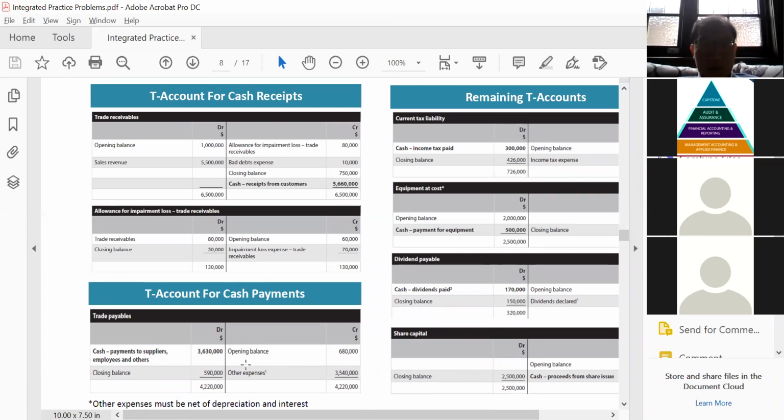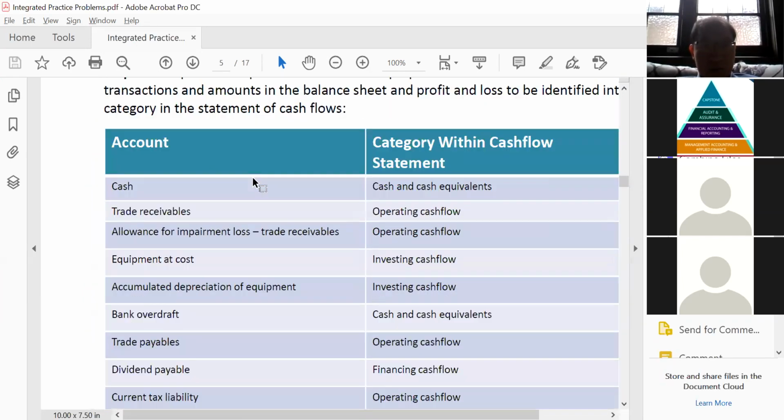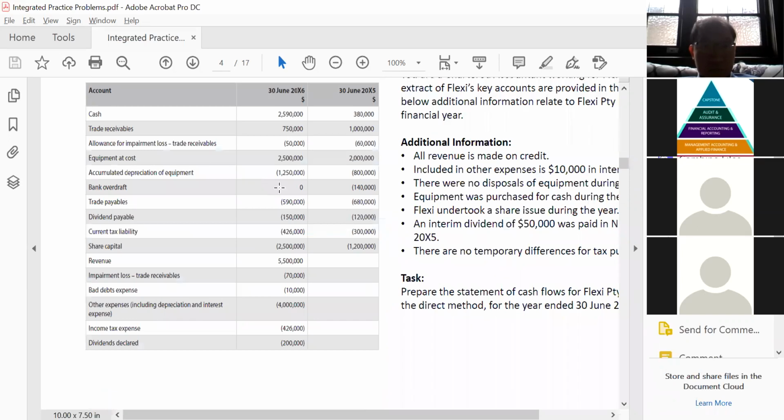The other expenses, which is this amount here, where do we find other expenses? We find other expenses from the P&L section. This other expenses we're told is 4 million here.